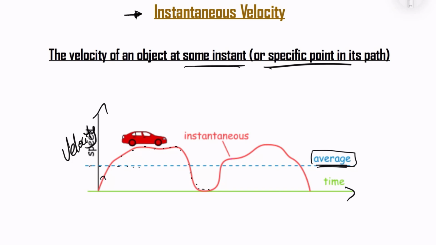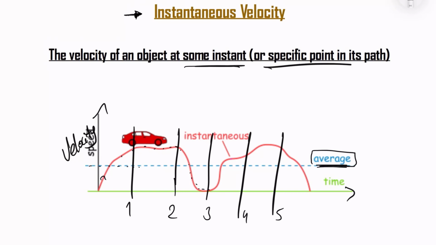So at every second, let's say this is the first second, I'm giving random numbers, second, third second, fourth second, fifth second, like that. At the first second, let's say the speed of the car is 30. At the second second, again 30. At the third second, it drops to 0.